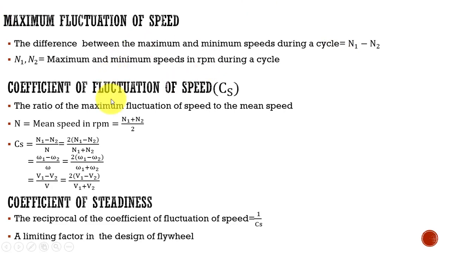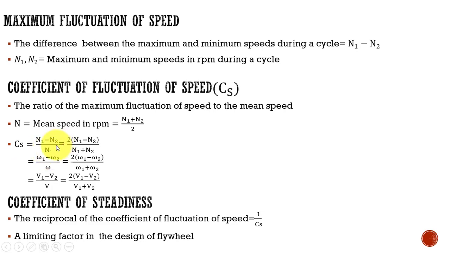The second thing is the coefficient of fluctuation of speed. It is denoted by Cs. It is the ratio of maximum fluctuation of speed to the mean speed. What is mean speed? Mean speed is n1 plus n2 over 2. So exactly, the coefficient of fluctuation of speed is n1 minus n2 divided by n.